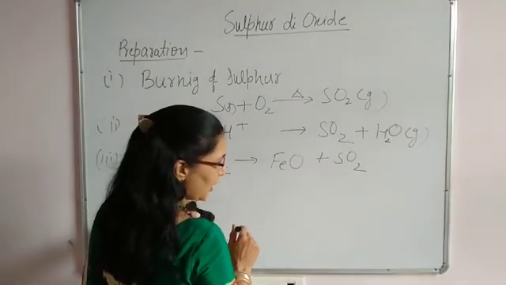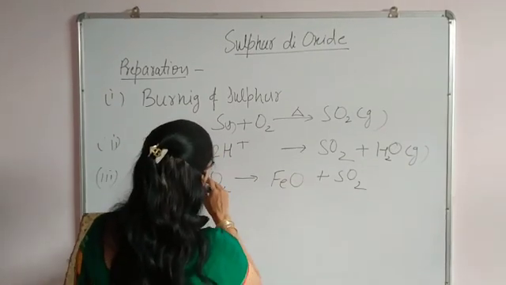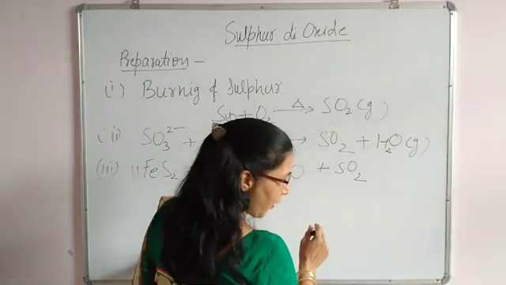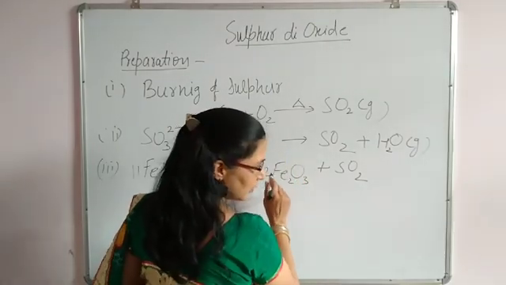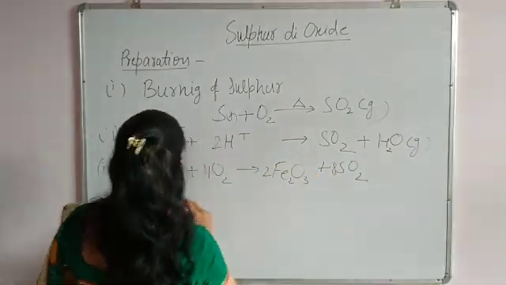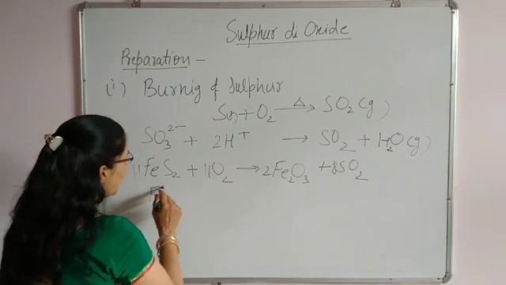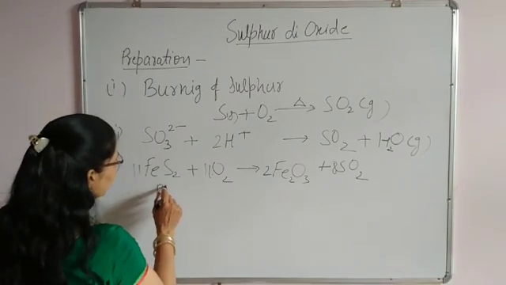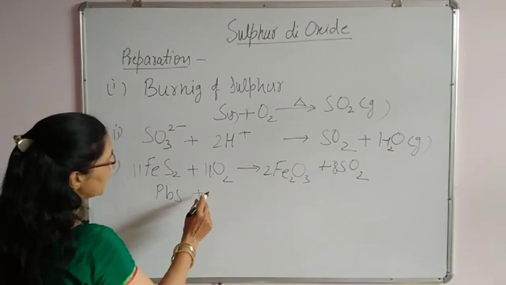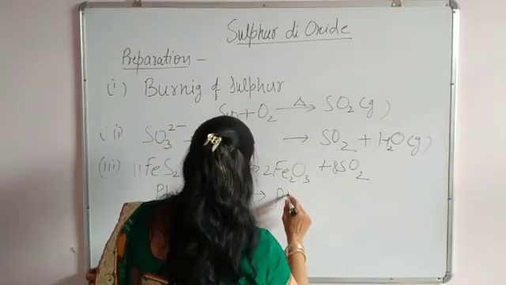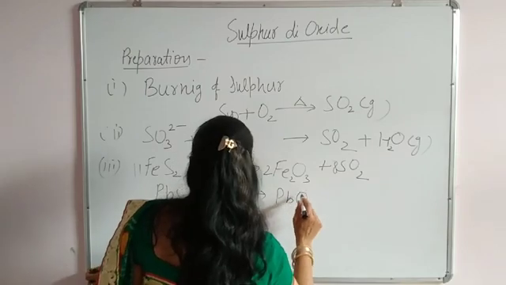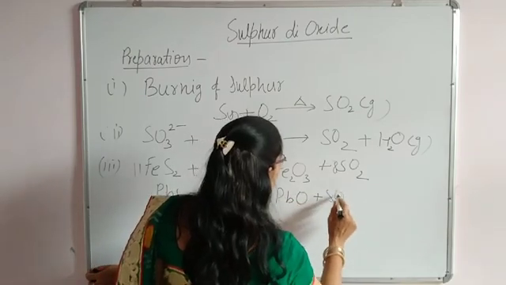So this is iron pyrites. Instead of this, suppose galena PbS we are taking. When PbS is also roasted, there will be formation of PbO and SO2.